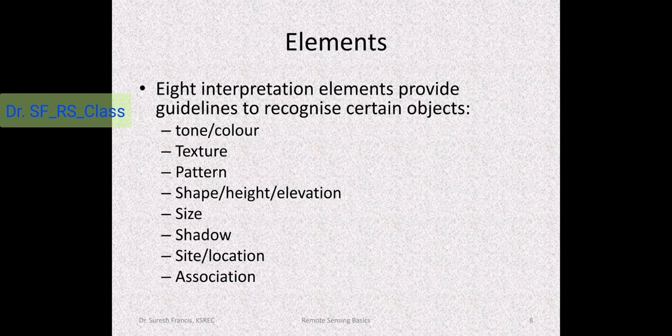And also shape, height, and elevation. So the shape of the object and the elevation will help us to identify the details of the object, the characteristics of the object. Different types of trees can be identified with the help of shape and height, and the size of objects, the buildings, comparative size of objects, the size of a hill, the shape of a hill.